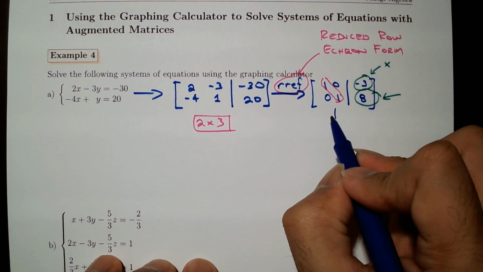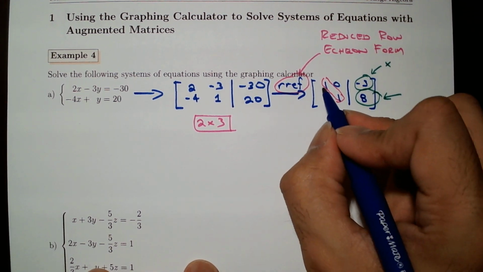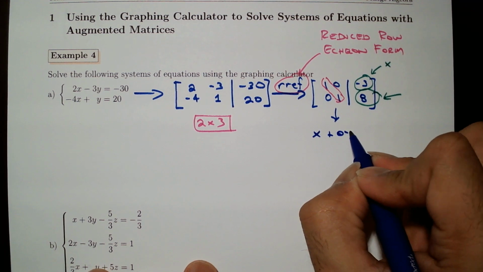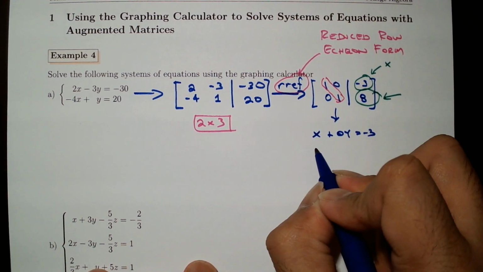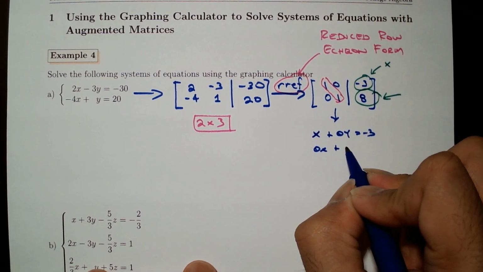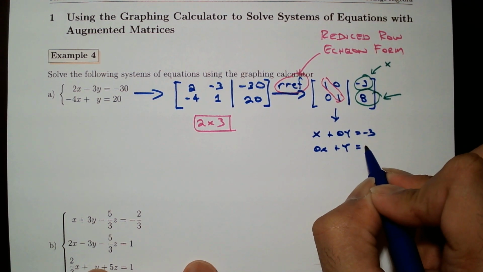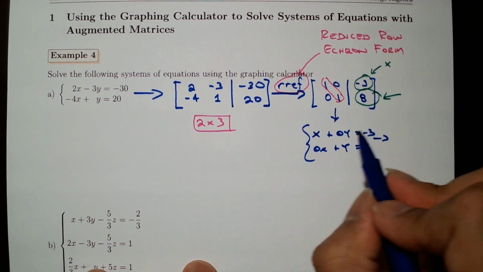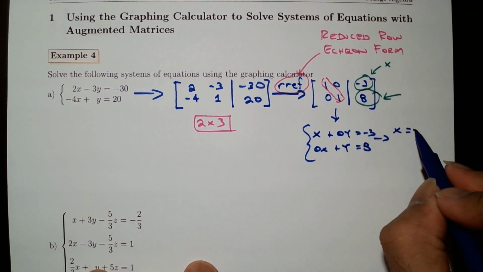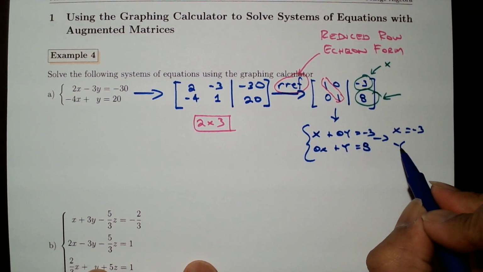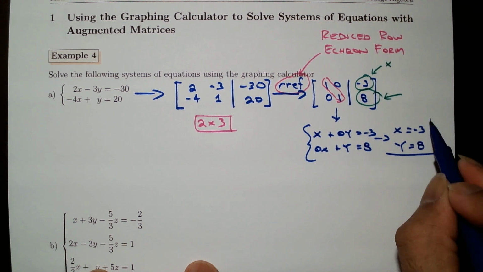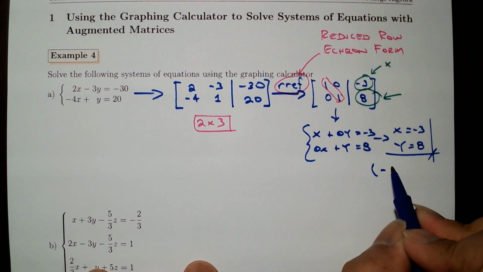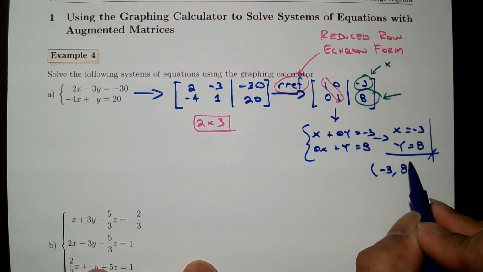Well, decode this into x plus 0y equals -3, and 0x plus y equals 8, which, if we get rid of the zeros, is just going to give us x equals -3 and y equals 8. And by the way, write this using ordered pair notation.